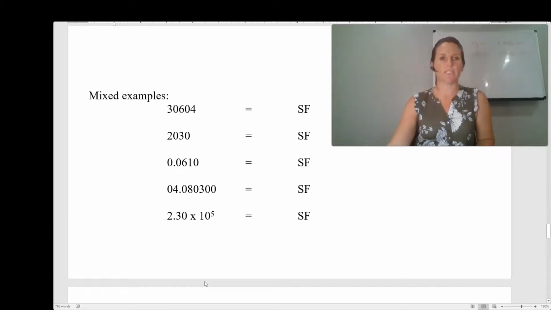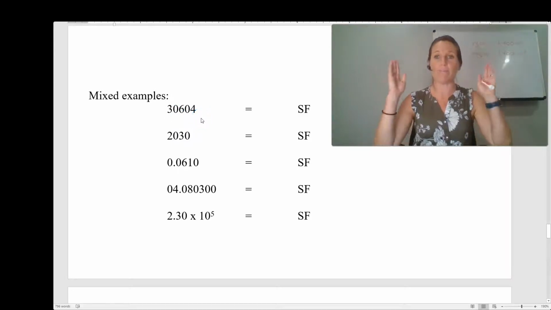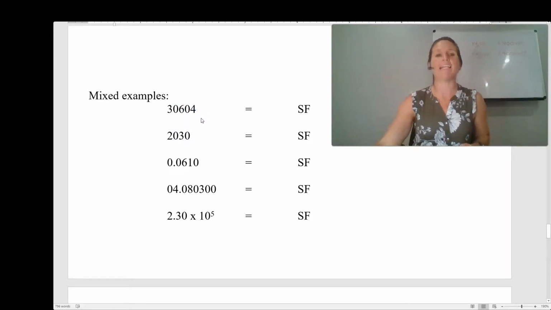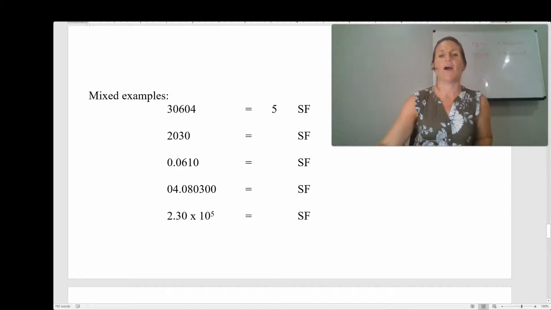So let's start with this top one, 30,604. For this value, 3, 6, and 4, of course, are significant. And in this case, the zeros are between non-zero numbers. We have that bookend thing happening, and so we know that all 5 are significant figures.